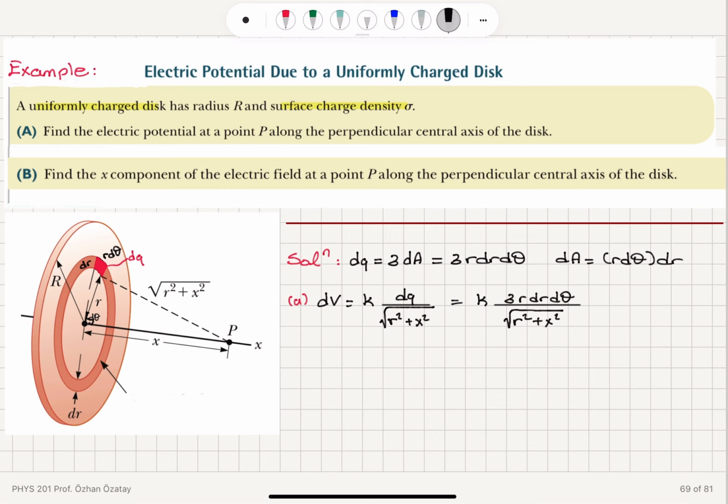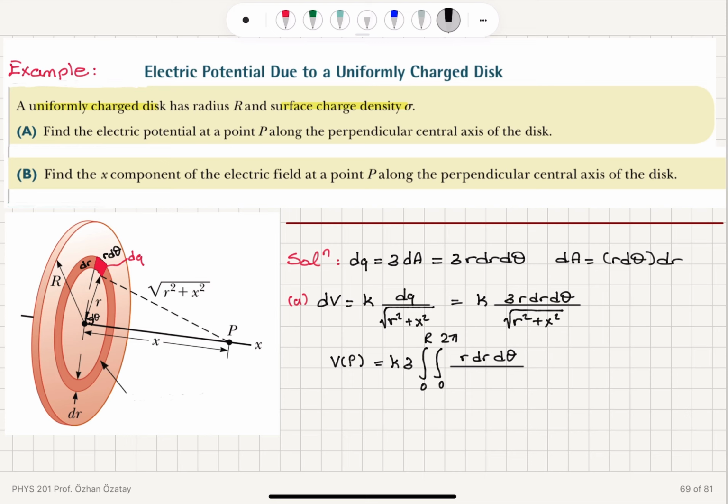And in order to calculate the total potential at point P, I have to integrate this over the whole area of the disk. So this will be an integration from 0 to capital R, the radius of the disk, and 0 to 2 pi for the angle. So you will see that I will have r dr d theta. Sigma is a constant because it's a uniformly charged disk.